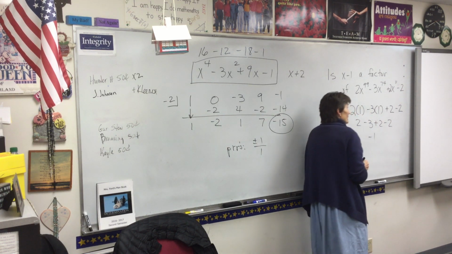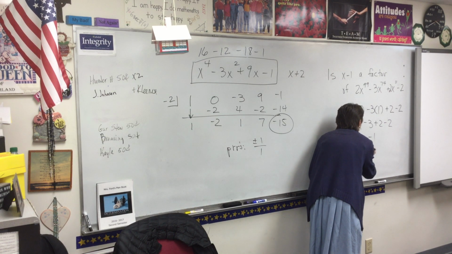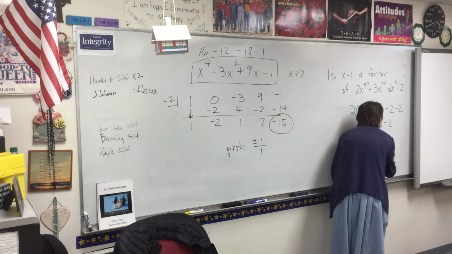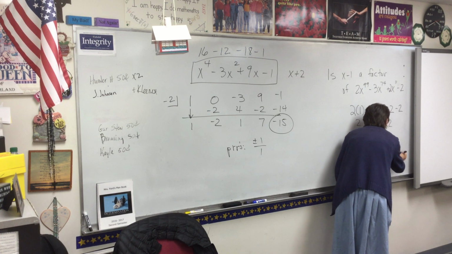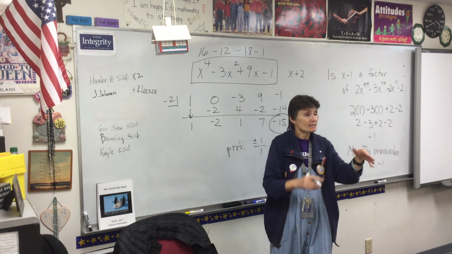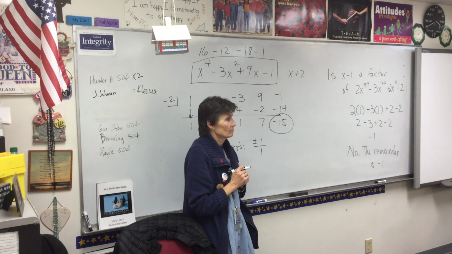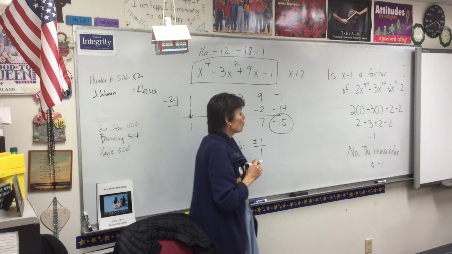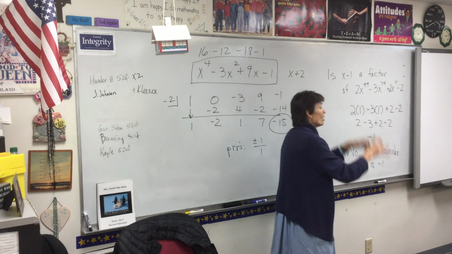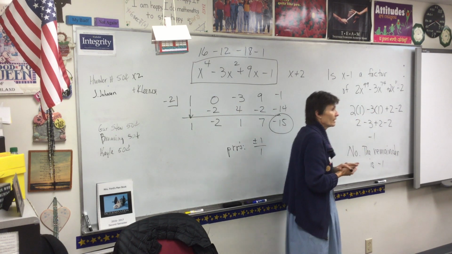Wait a minute. Is it a factor? No. The remainder is -1. The number that you get when you plug in is the remainder. So if we only want to know the remainder, you don't have to divide. Just plug it in.